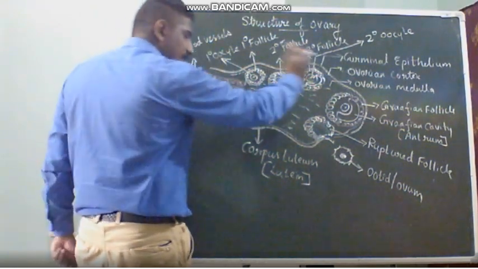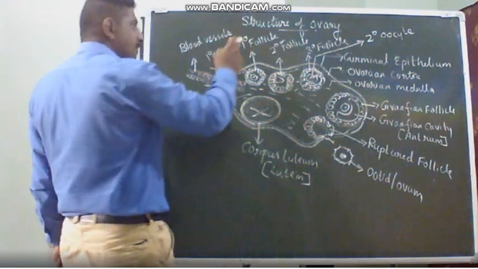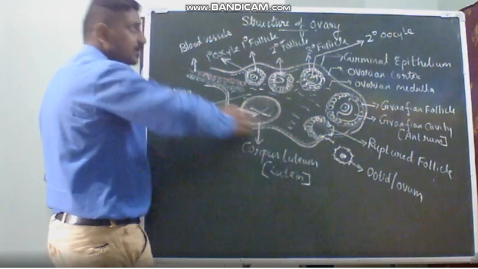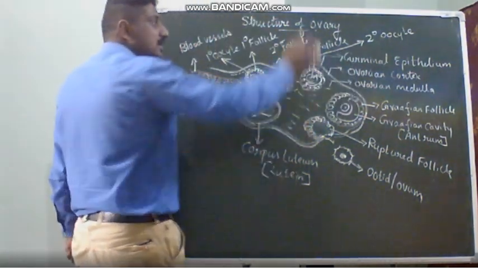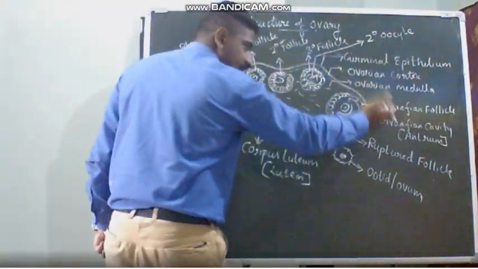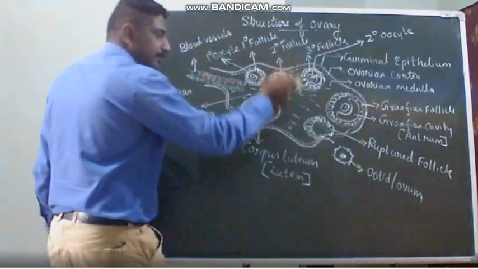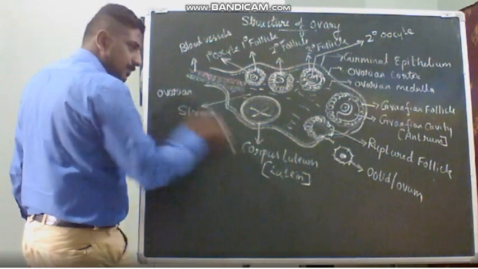Then we can see the developing stages of the egg, where the primary follicle transforms to a secondary follicle, then to a tertiary follicle, then to a Graafian follicle, which ruptures and releases the ovum, and the empty Graafian follicle transforms to a corpus luteum.